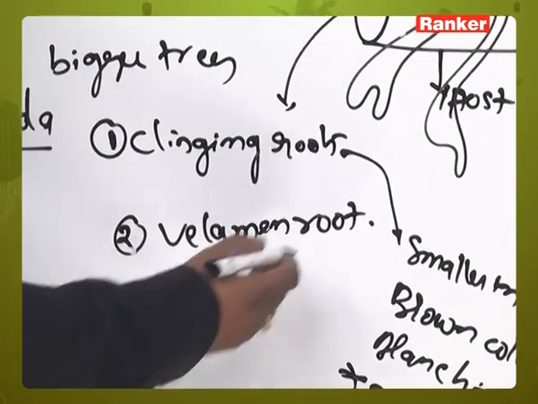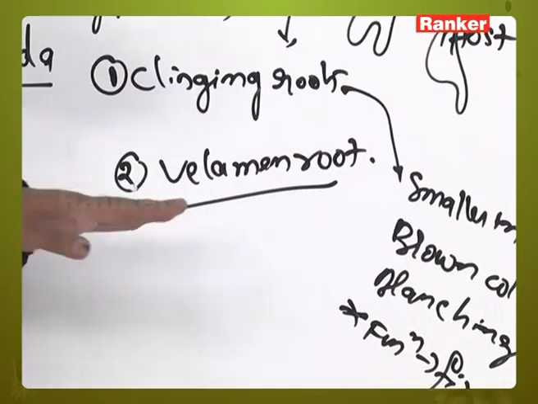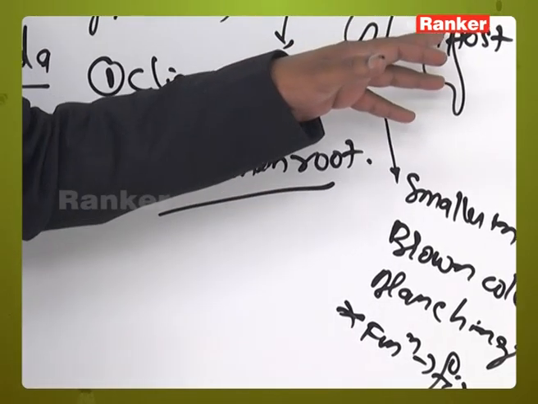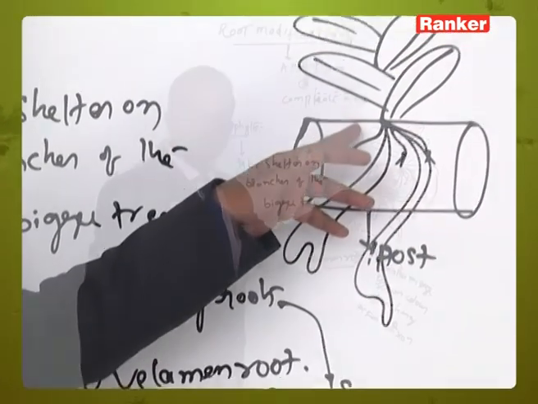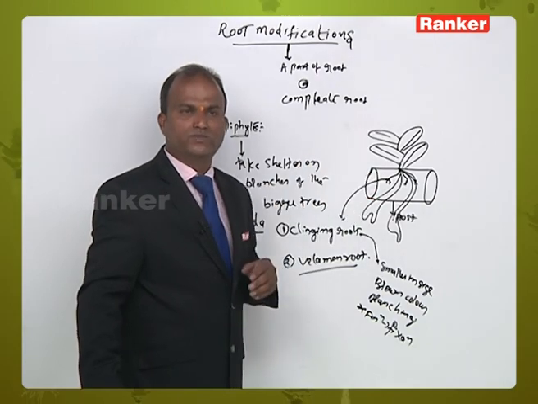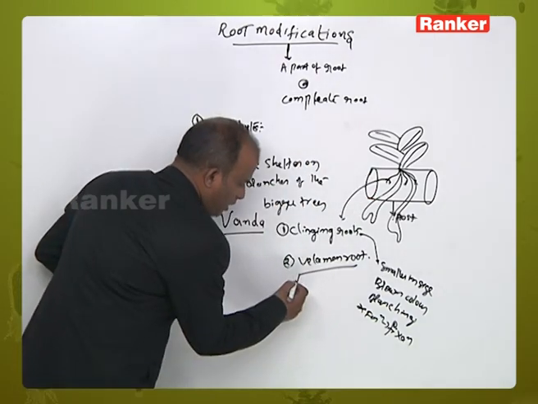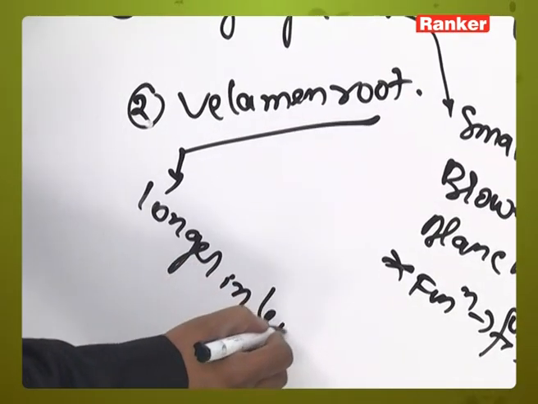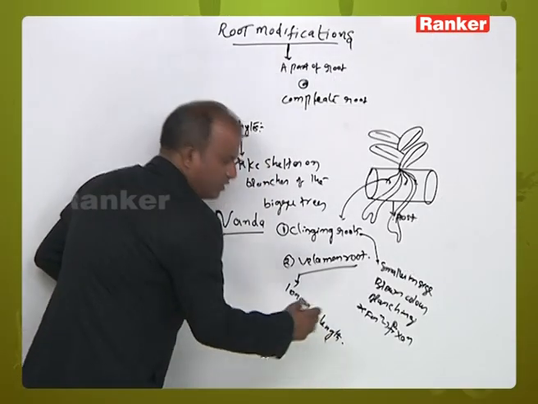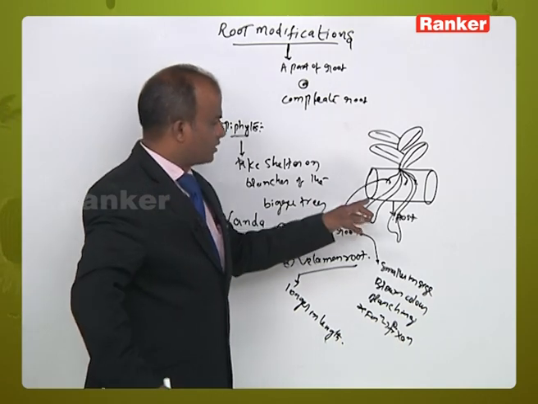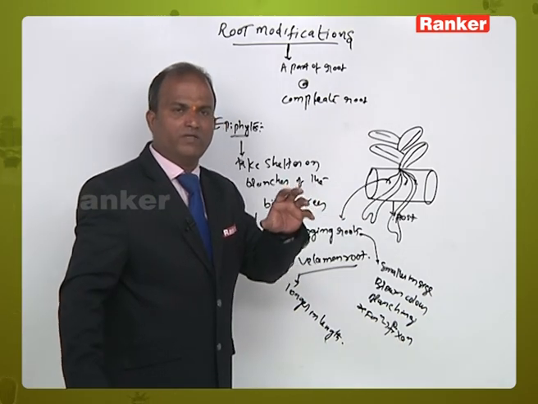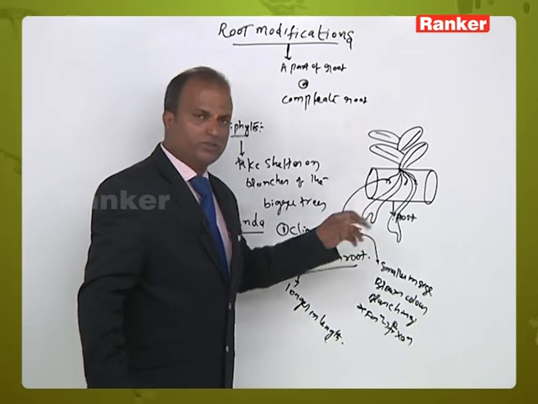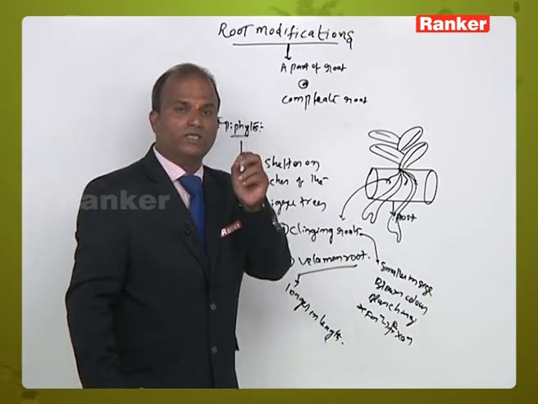Next goes to velamin roots. Velamin roots are longer in length compared with clinging roots. They are freely hanging in the air.